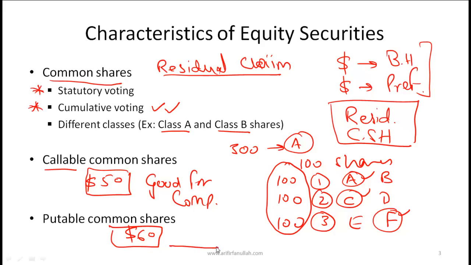So this puts a floor on the price of the puttable share. And again, this is good for the investor. These callable and puttable common shares are not very common, but nevertheless you need to know the definitions, and when we do fixed income securities, this concept will come back again and it will be much more important then.